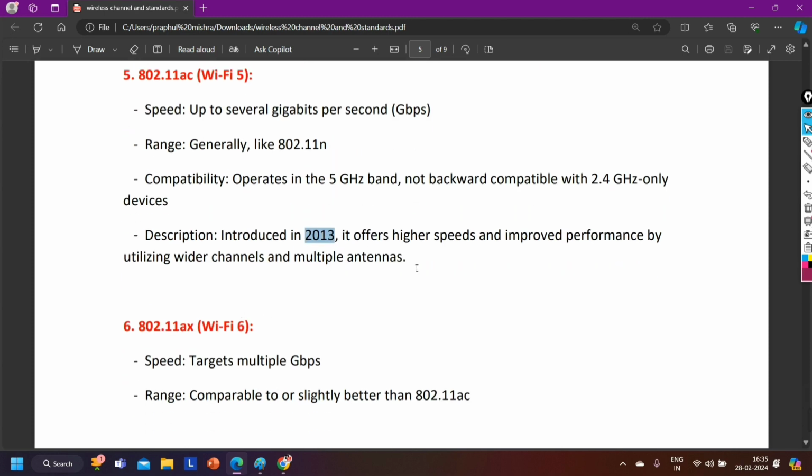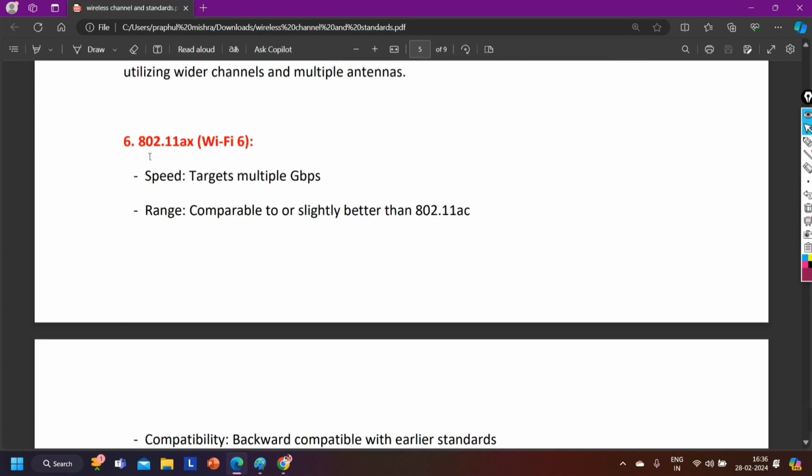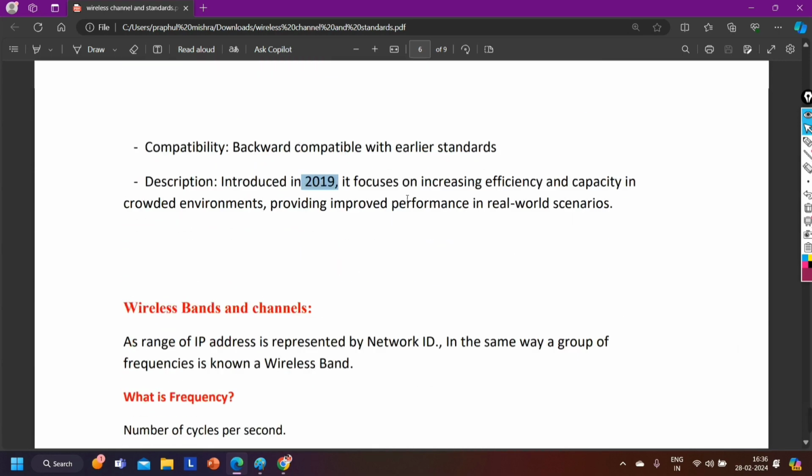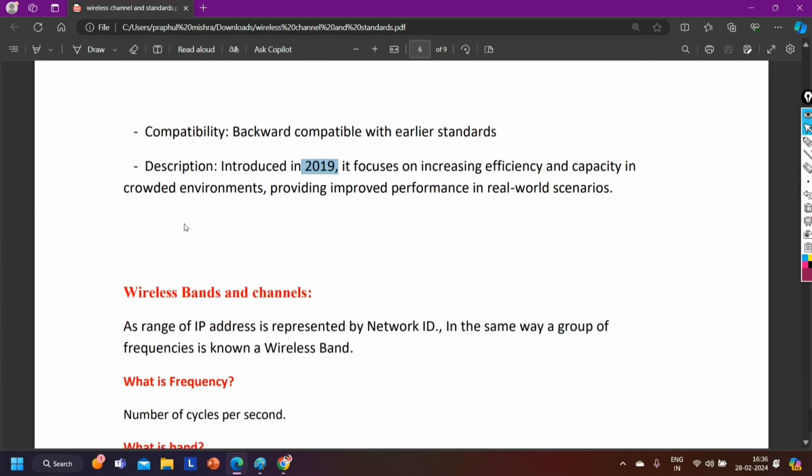Introduced in 2013, it offers high speed and improved performance by utilizing wider channels and multiple antennas. Then AX, that is Wi-Fi 6. It is again going to provide you a speed in Gbps, comparable to or slightly better than 802.11ac. Introduced in 2019. So like this, you can learn more about the standards.